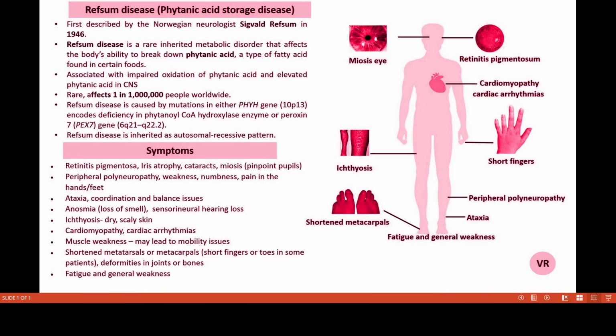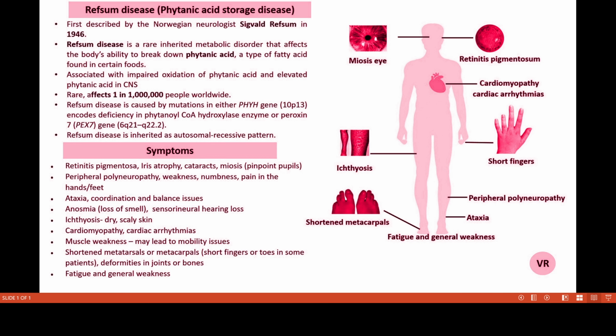In this video, I will discuss Refsum disease. Refsum disease was first described by the Norwegian neurologist Sigurd Refsum in 1946. He reported it as a neurological disorder characterized by peripheral neuropathy, ataxia and elevated cerebrospinal fluid protein levels without pleocytosis.